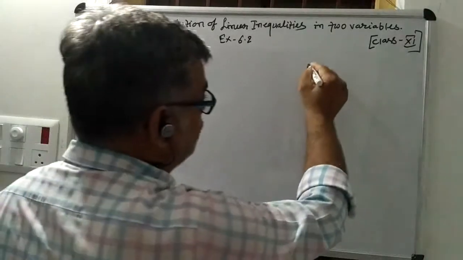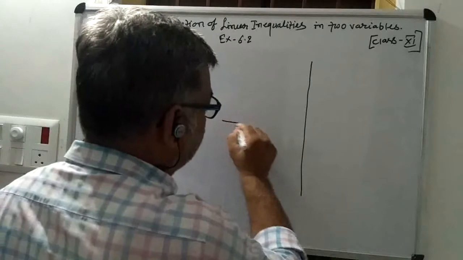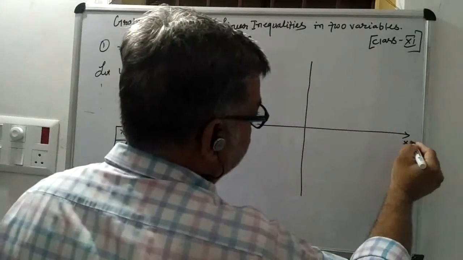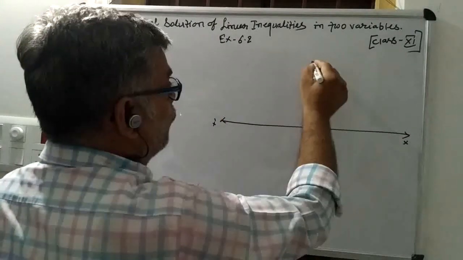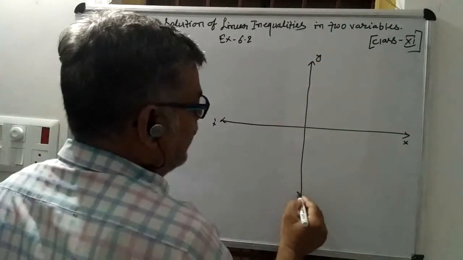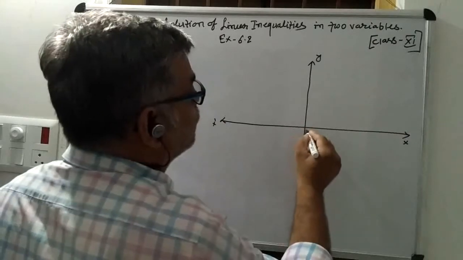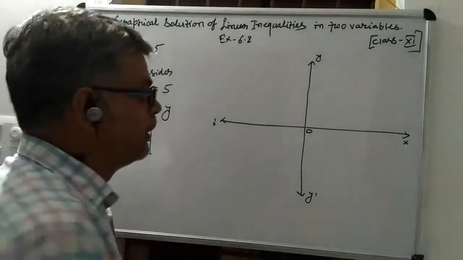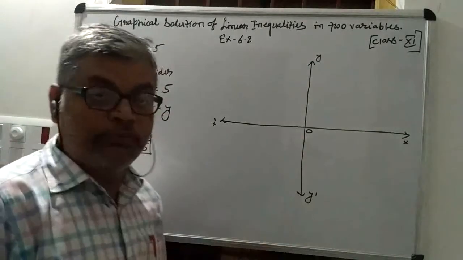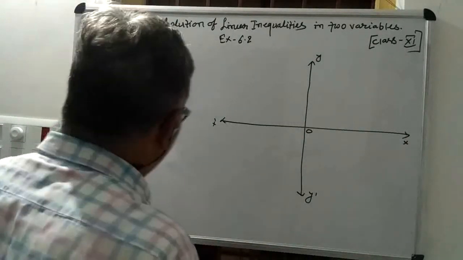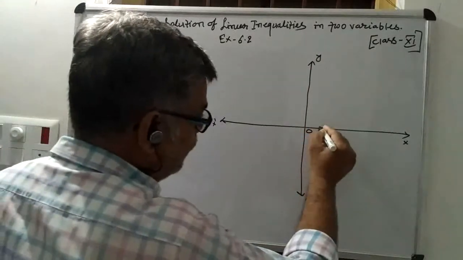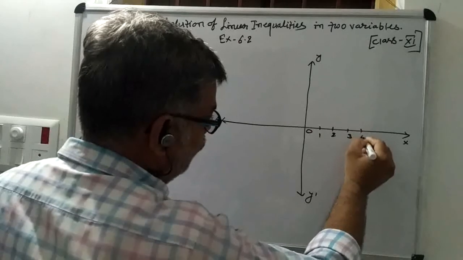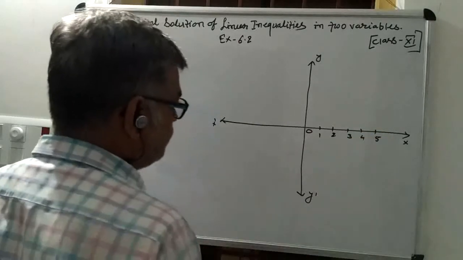So for that you need to draw the Cartesian plane. Suppose this is your Cartesian plane, x, x dash, y, y dash, and both intersecting at point O, that is the origin. As you know that the coordinate of the origin is always 0, 0. So now plotting it 1, 2, 3, 4, 5.